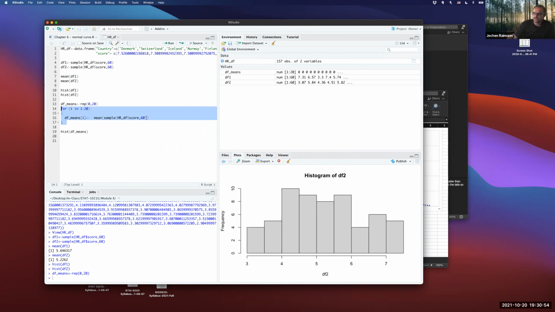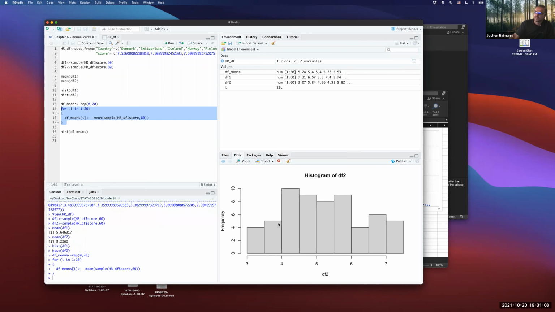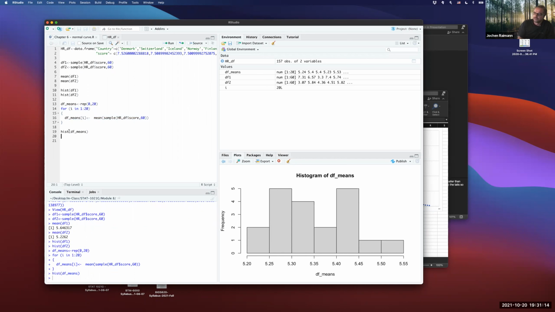So I get 20 samples, and for each sample I calculate the respective sample mean. So keep this in mind. Now let's do this. I have now 20 means. And when I plot these 20 means, I get this, which looks terrible. Okay, not a good example.